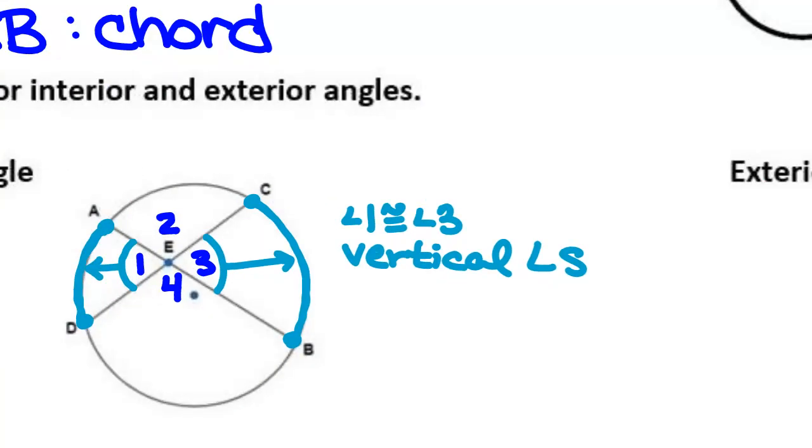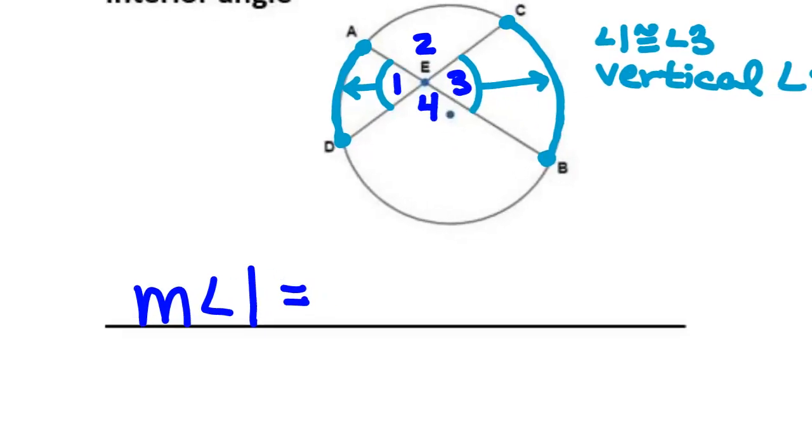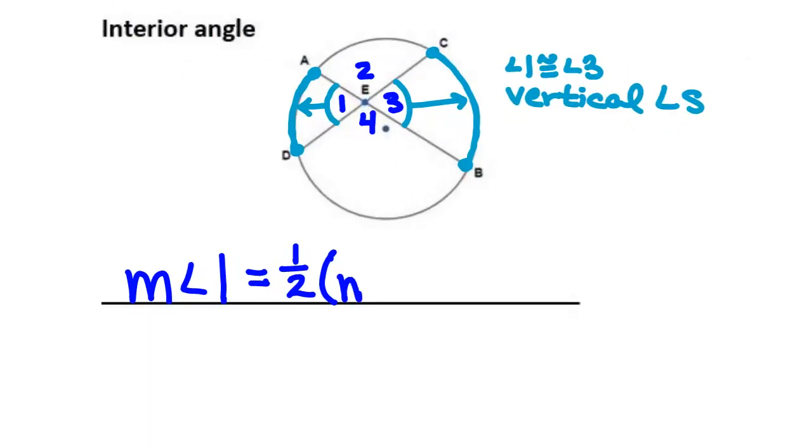If I want to find the measurement of angle 1 and or angle 3, we're going to use these arcs that are being intercepted. So we have, let's say, the measure of angle 1 is equal to 1/2 times the measure of arc AD plus the measure of arc CB.